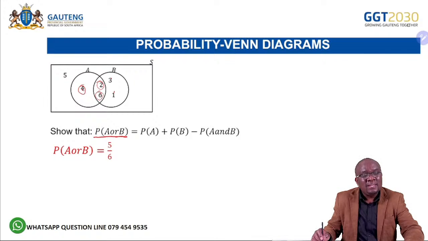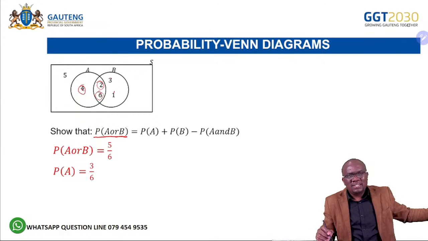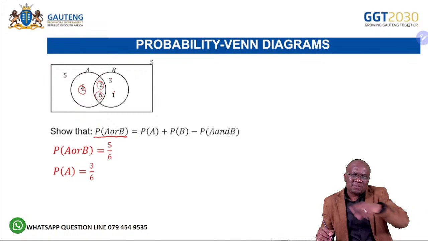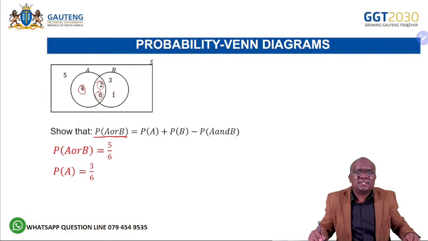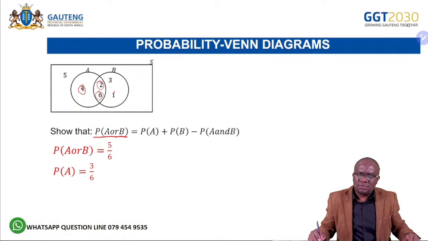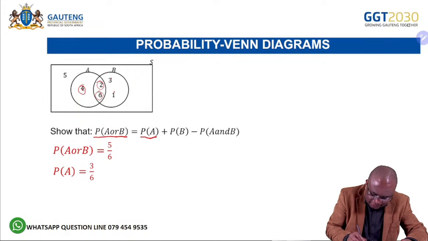So in A is 3 out of 6. Okay, which is half. I'm not going to reduce them to lowest terms because I want the denominator to just be the same. If I reduce it, I would have 1 over 2, and the other one 1 over 3, and then I'd have to go back and get the LCD, which is 6. No, let me just leave it like this. Okay, 3 over 6. Now, that's the probability of A, done.